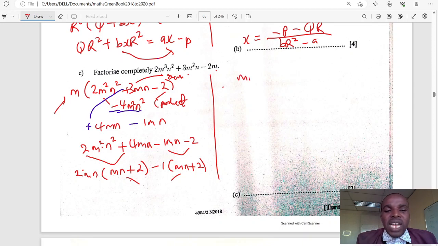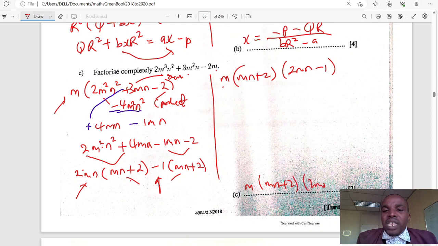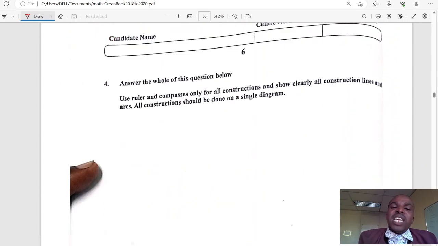So you take the common bracket, mn plus 2. Outside the bracket, we have 2mn and minus 1, and you put them in their own bracket. For the final answer, you then have to put m here. So it will be m, then mn plus 2, then 2mn minus 1. This will be your final answer, done.